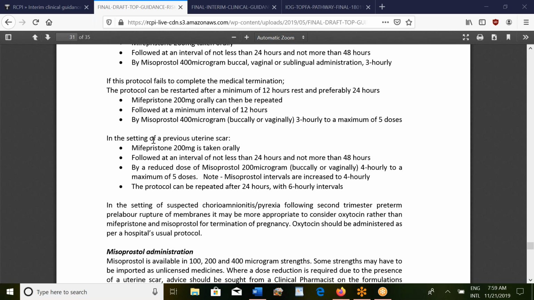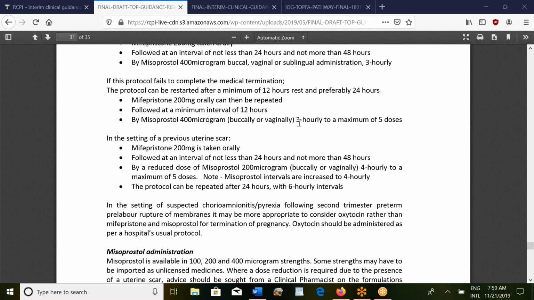If the patient has a previous surgery, like cesarean section or myomectomy where the uterine cavity was breached, you will give her 200 microgram and a rest period of 24 hours. Again, you can give 200 microgram misoprostol. So this is half the dosage. Right? Unscarred uterus, give 400. Scarred uterus, give 200 micrograms 4 hourly.